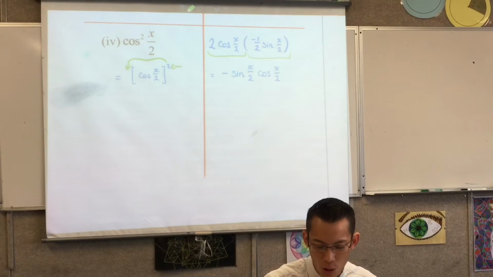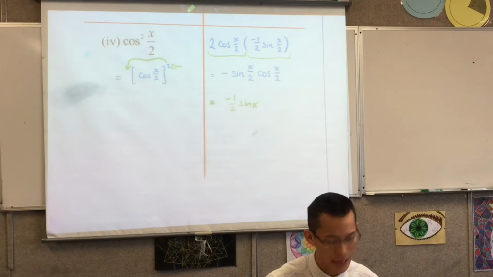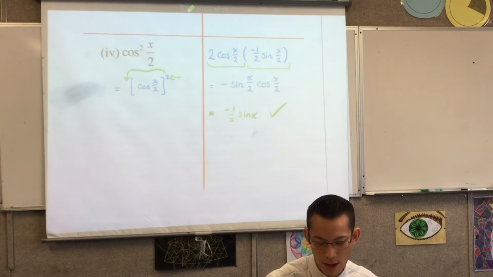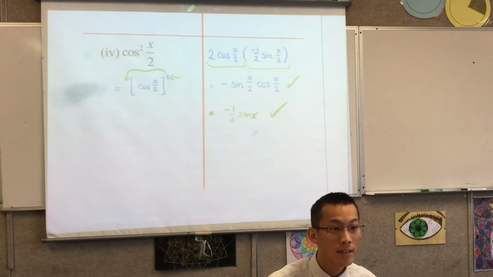I suppose I could have, if I wanted to, said negative sine x. No, hold on. Yeah, that would have been fine. But being that you just asked for the derivative, this is fine.